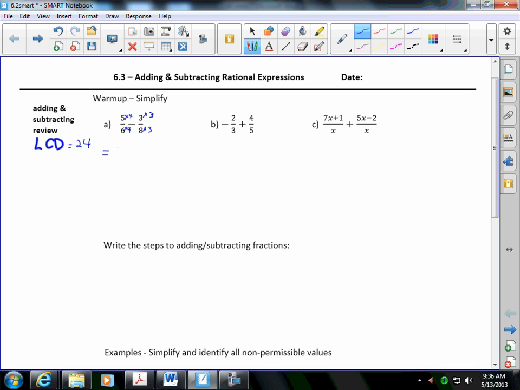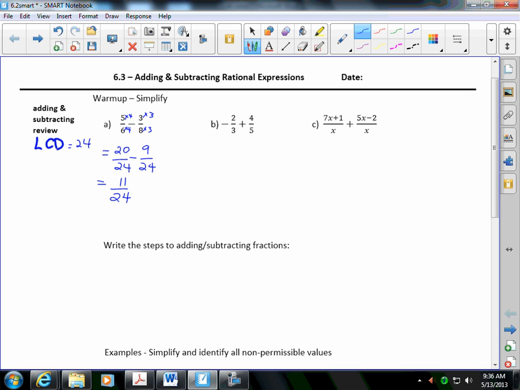So this would become 20 over 24 minus 9 over 24, which is 11 over 24. You check to see if it reduces, and it doesn't, so you're good.